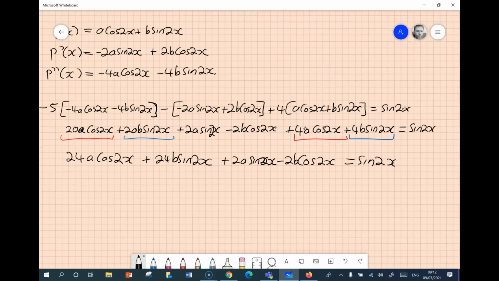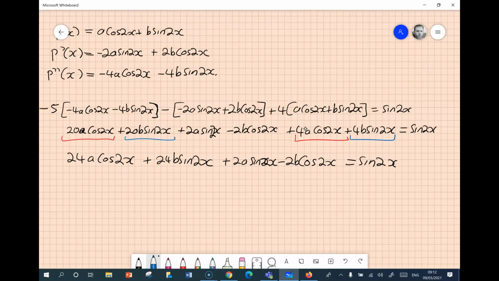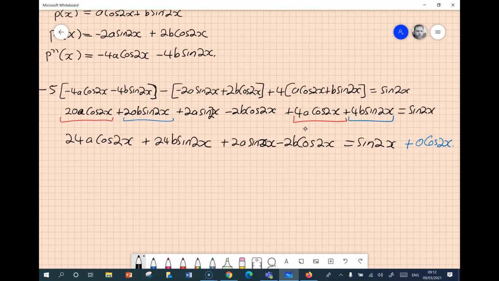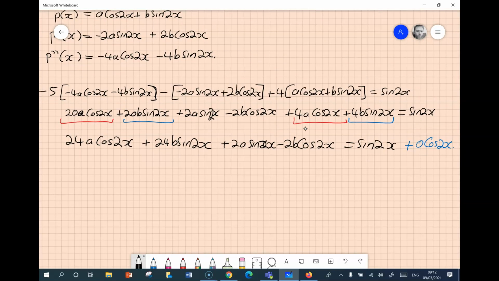Okay, like terms. So we've got cos's and sines. On the right hand side though, we've got no cos's, so we could say it's plus 0 cos 2x if we wished. Okay, let's equate like with like, sines with sines. We'll do the cos's first. So I've got 24a cos 2x minus 2b cos 2x, and they must be equal to the cos's on the right, which is 0 cos 2x. And then we'll do our sines.